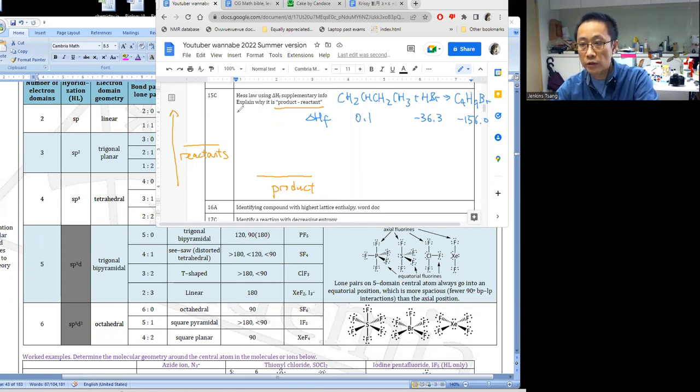So the thought process, the hypothetical reactions, involves, first of all, you're going to form the elements from the reactants. And when I say element, I mean elemental substance and not just simple atoms. You're making carbon, hydrogen gas, and bromine molecules.